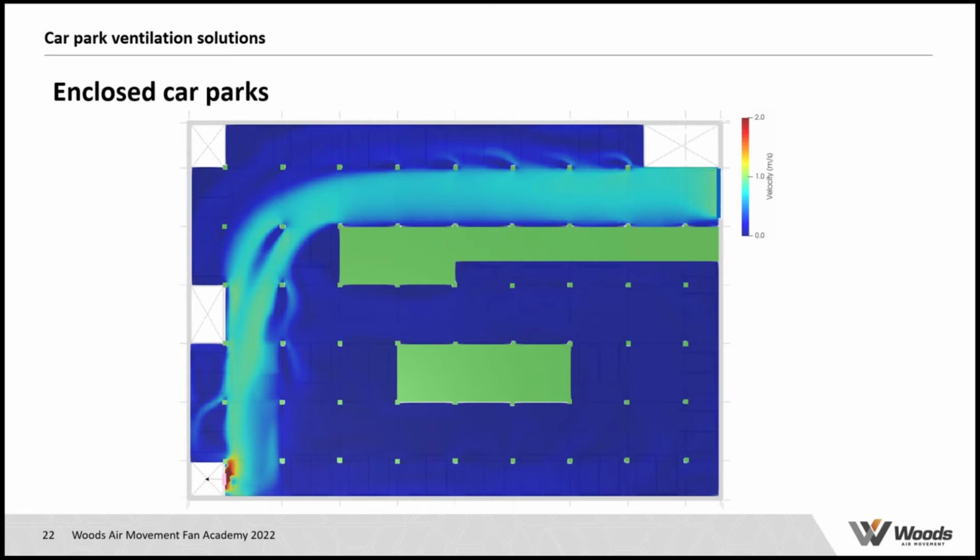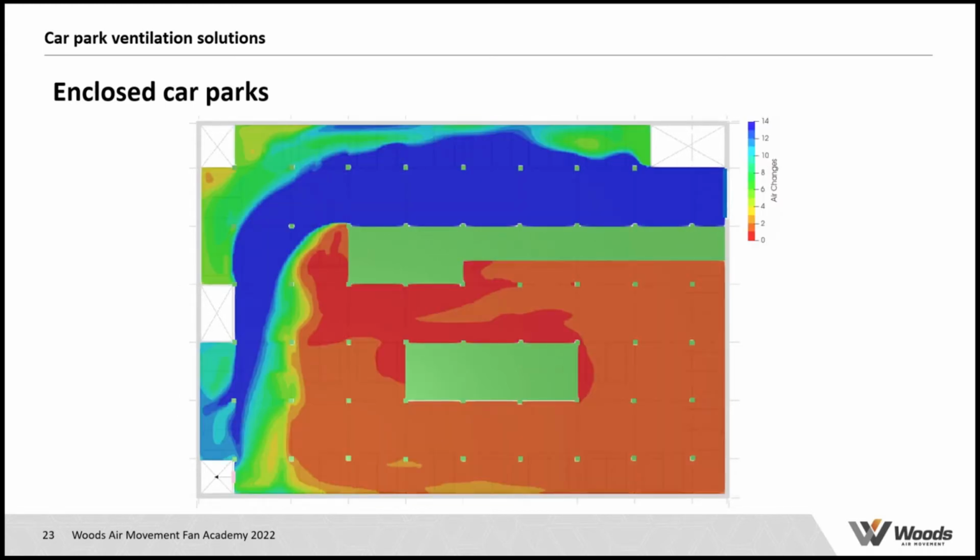If you drove into the car park towards the extract point, you would be in an area which is properly ventilated, but the remaining part of the car park is not receiving much velocity or ventilation. That can be substantiated by a simulation based on air distribution, and you can see that over half the car park is a real concern, because this turns up areas where the velocity is zero or at least close to zero, again turning into areas of stagnant air.